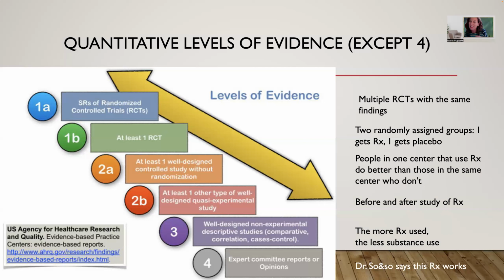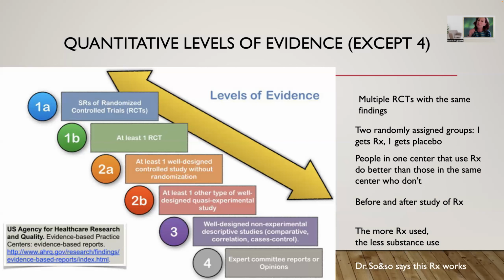But the difference there is that they are not randomly assigned to groups. So a person that would choose treatment A might be different than a person that would choose treatment B. Those groups are not equivalent to begin with. So it's good evidence, don't get me wrong. But again, it ain't a randomized controlled trial.